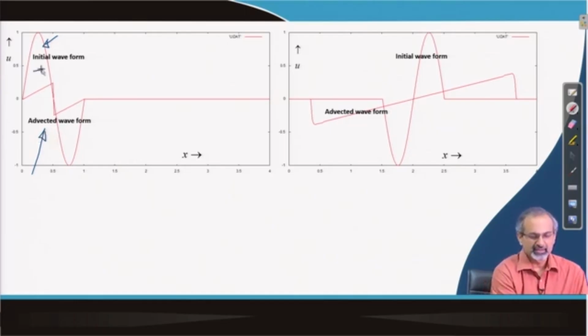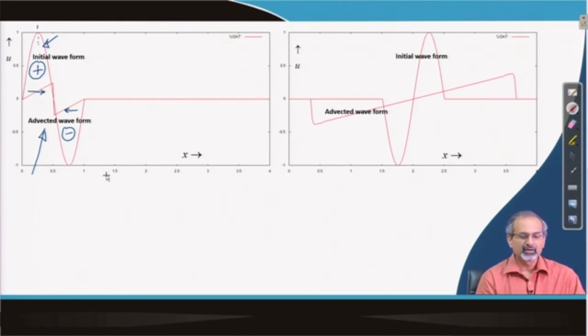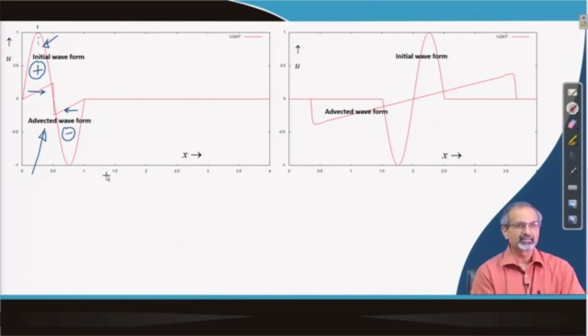As you can understand, this part of the wave has positive velocity, this part has negative velocity, and the larger velocities are somewhere in the middle, which tend to make the characteristics move towards the right, and then there are characteristics moving towards the left from the negative velocity region, and they collide with each other, thereby leading to a sharp discontinuity in between, which essentially remains stagnant. It cannot move anyway, because it is being barraged by characteristics from both ends.